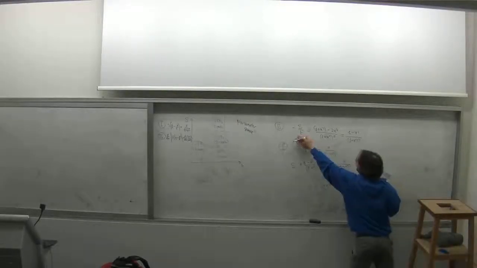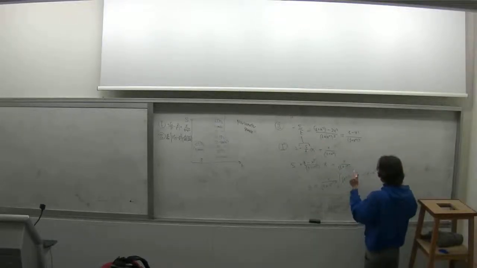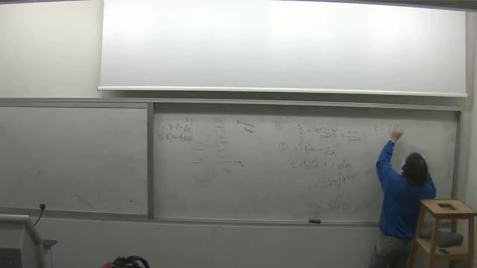So I have this expression, s over k equals this. I'll just give here the result: k equals 2x to the third over x squared minus 1.